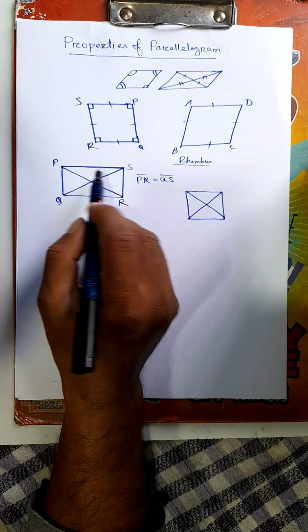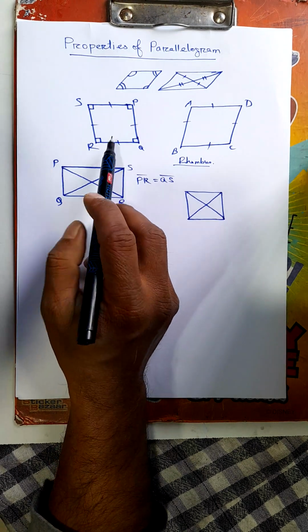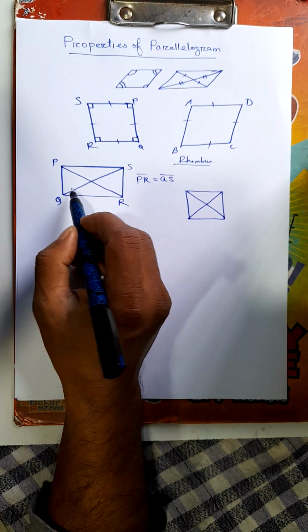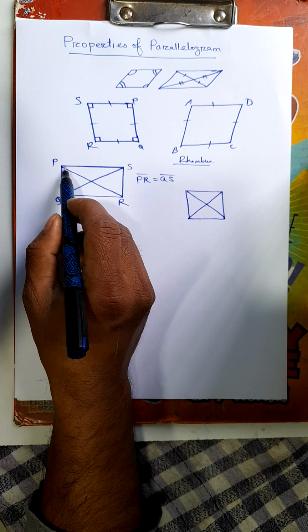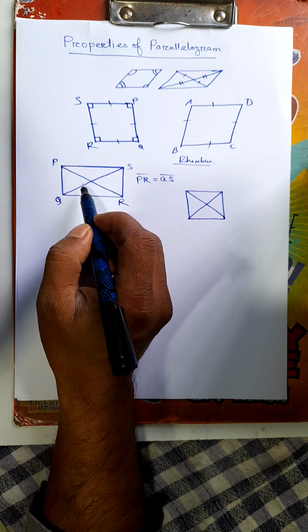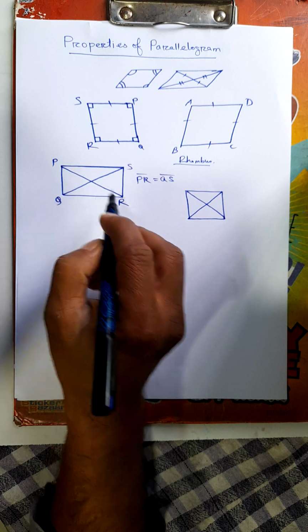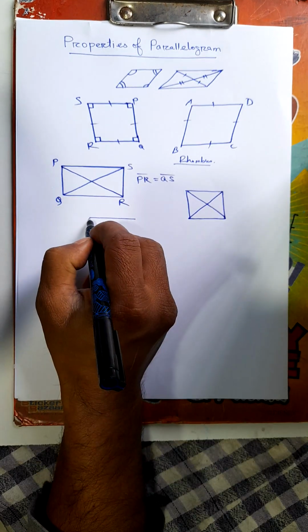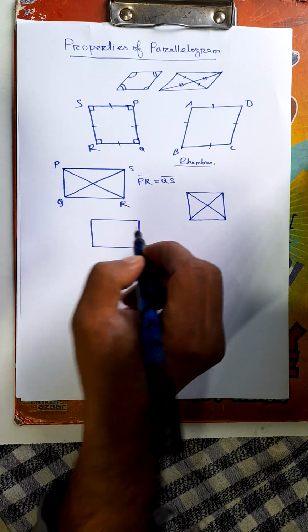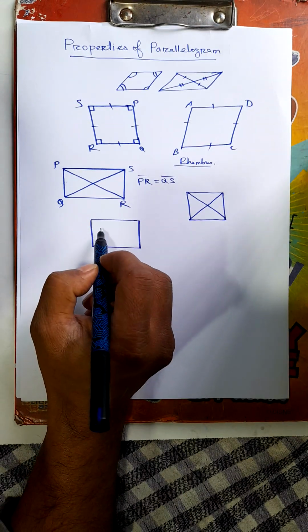Only opposite sides are equal. But in a square, all sides are equal, all angles are equal. In a rectangle also every angle is 90 degrees. A rectangle is a parallelogram in which diagonals are equal only.